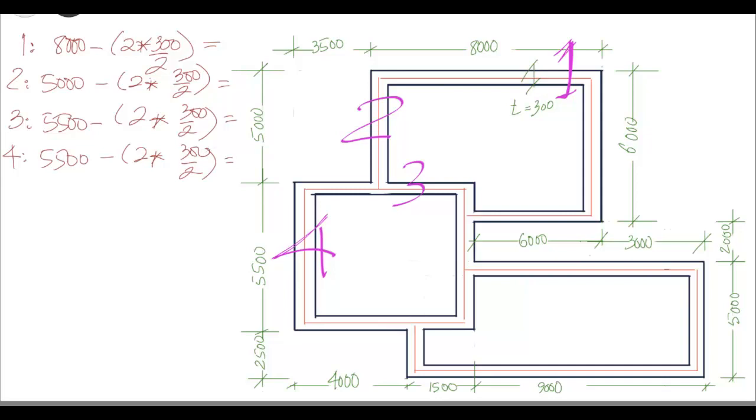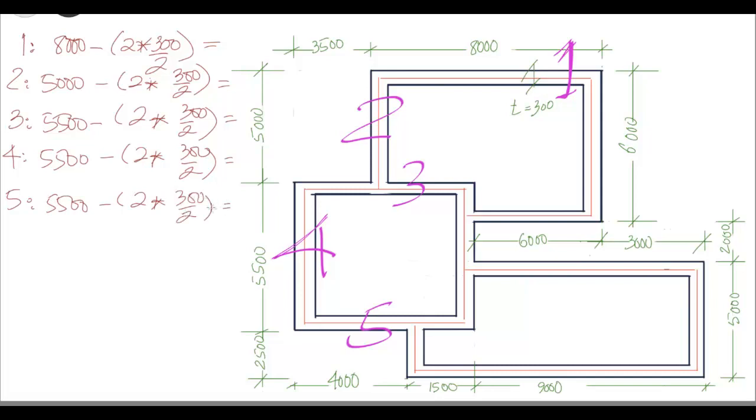Now come to the fifth piece, which is this one, the same as 3. So we don't need to do any calculation here. 5 is equal to 3. Or we can do the entire thing: 3 is equal to 5,500 minus 2 times 300 divided by 2.